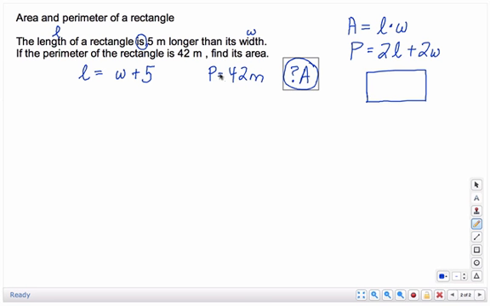Okay? So we know if P is 42 meters, that means that twice the length plus twice the width is 42 meters. So basically, and you can get rid of that m there so it doesn't look like an additional variable.